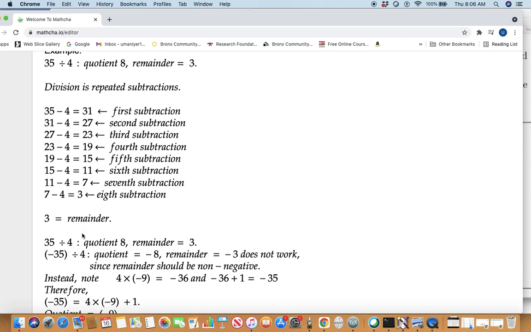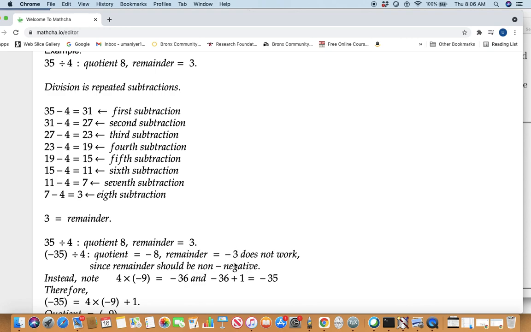Now what happens when your dividend is negative? Say negative 35. If you are dividing by 4, quotient you would say is negative 8 and remainder is negative 3. But this does not work because remainder should be a non-negative number.